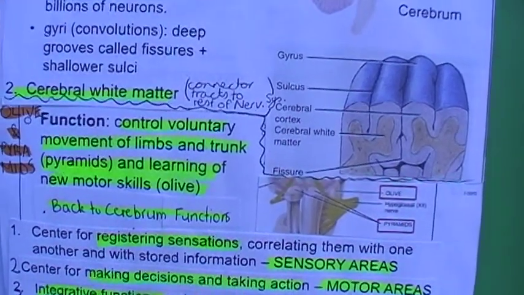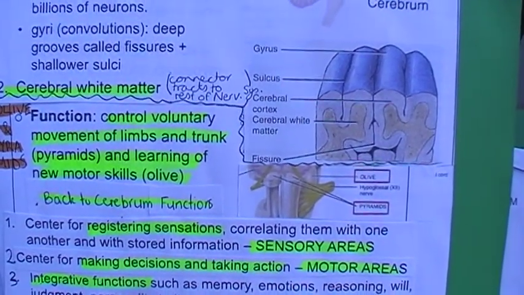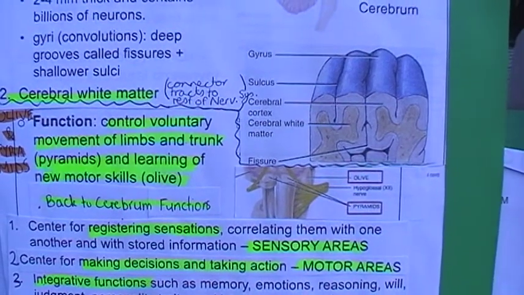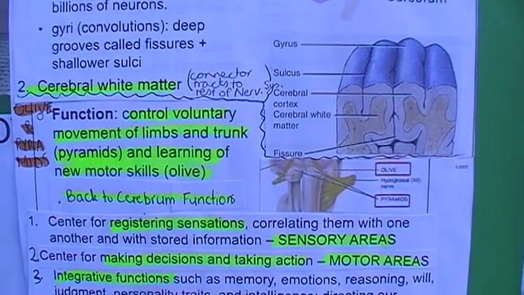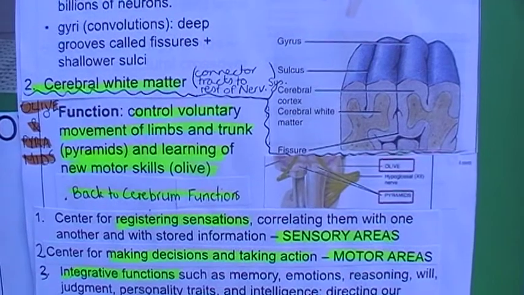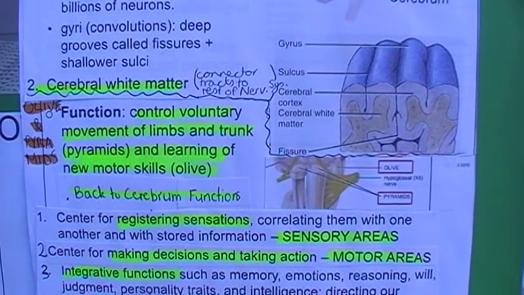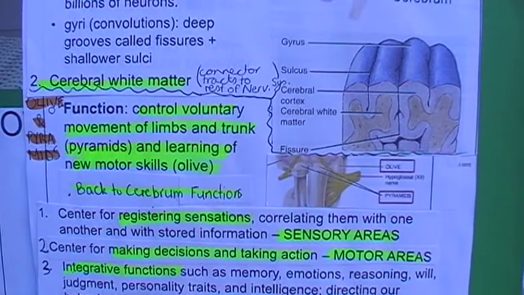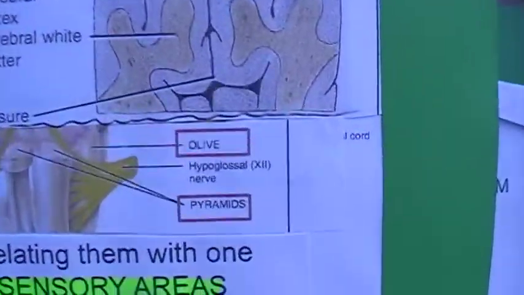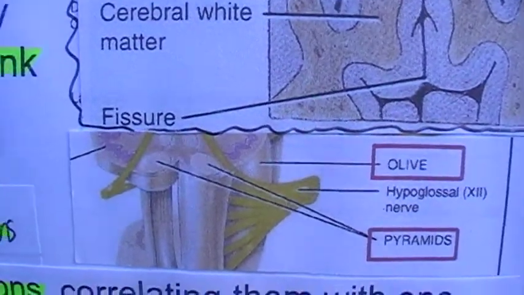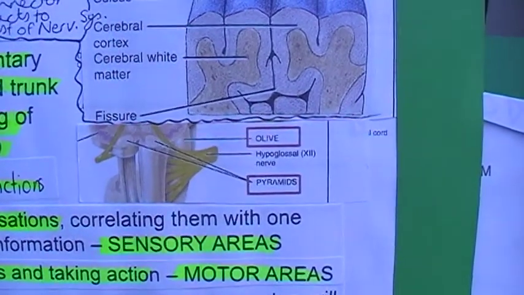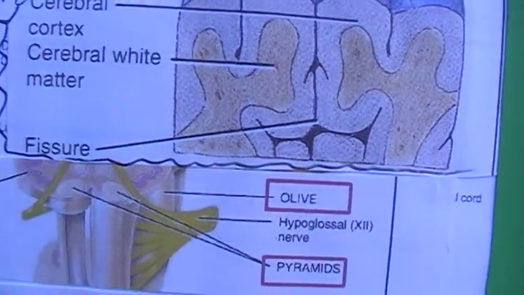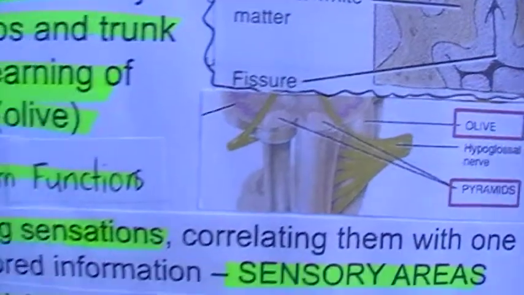The cerebral white matter is underneath the grey, and its function is to control voluntary movement of limbs and trunk, pyramids. And learning of new motor skills. That's the pyramids of those tracts.